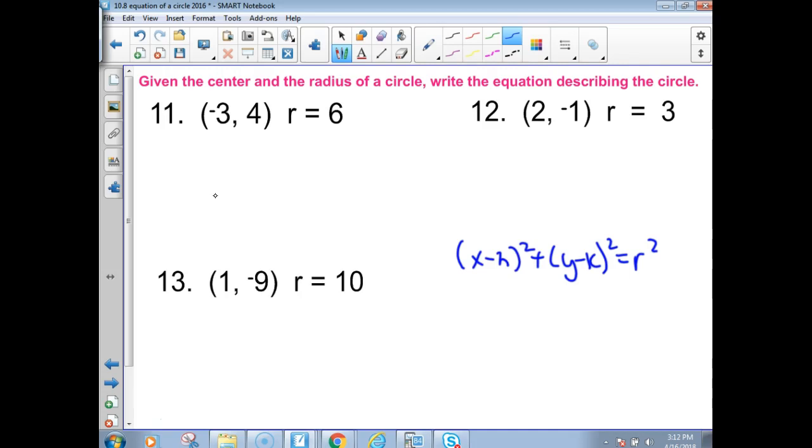Someone volunteer for 11? Or I will ask. All right, Abby? Good. Good. Equals 36. Yes.